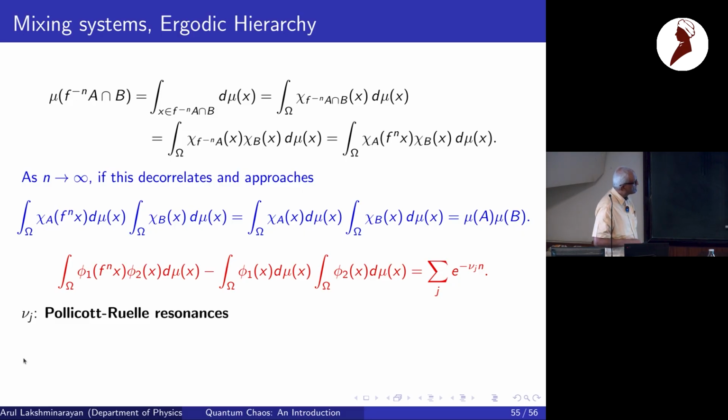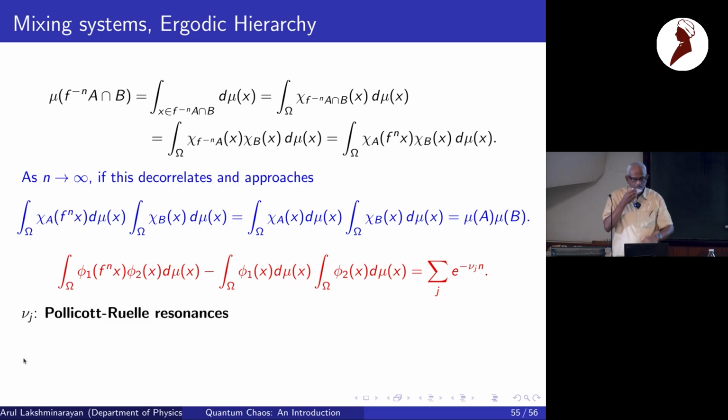They tell you how fast the mixing is happening in phase space. In the case of the 1D map, there was the Perron-Frobenius operator, and they are eigenvalues of that. In this case also you can write a Perron-Frobenius operator and look at these eigenvalues, but it's quite an involved exercise because it will be a unitary matrix strictly.